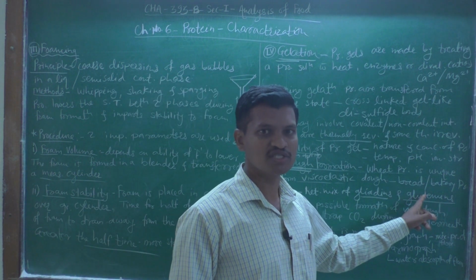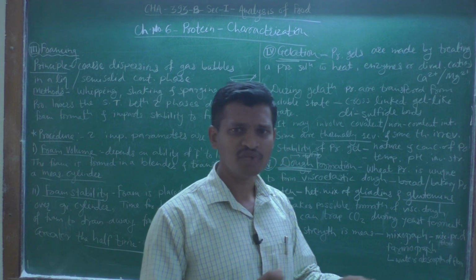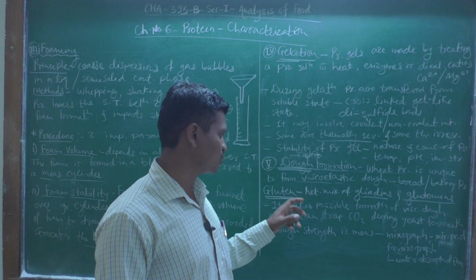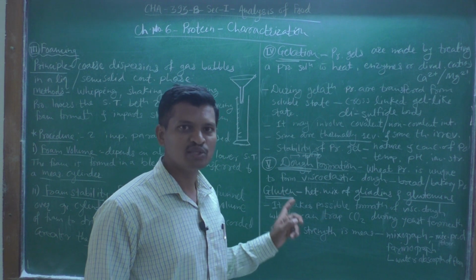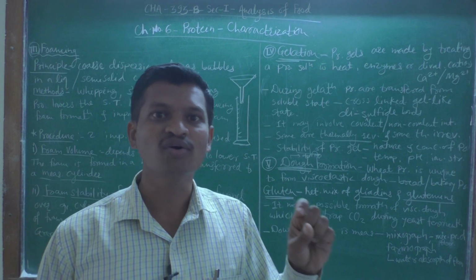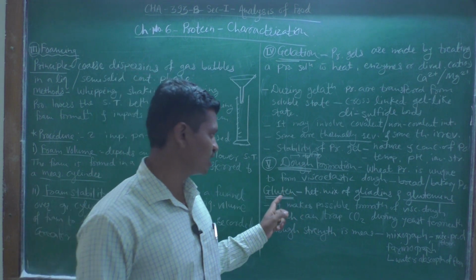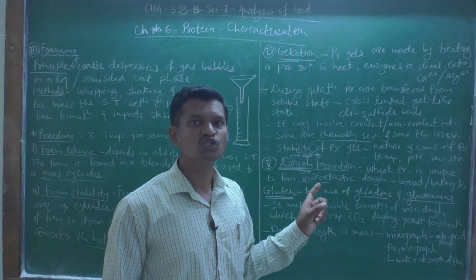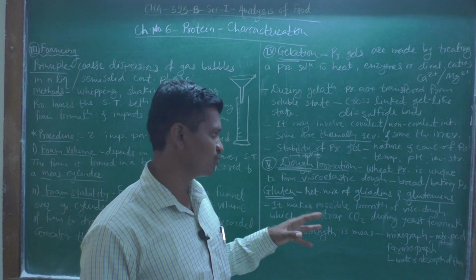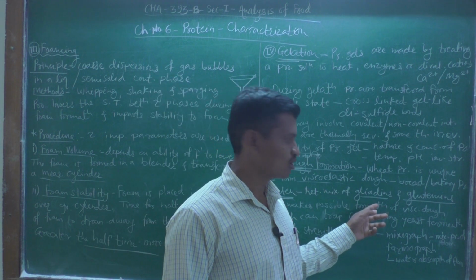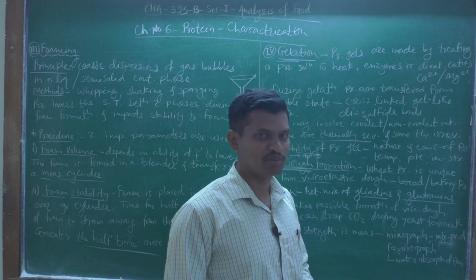So these two proteins are present in a heterogeneous manner, and that protein is known as gluten. Gluten is one of the main storage proteins in the wheat flour, a heterogeneous mixture of gliadins and glutenins.